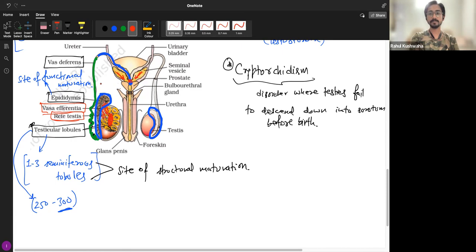So the seminal vesicle produces seminal fluid, which is 60% of the total semen. So they are the major secretory glands.